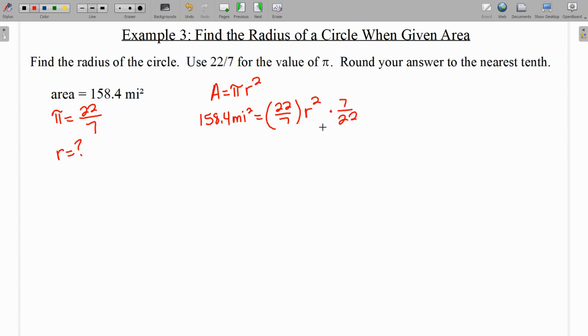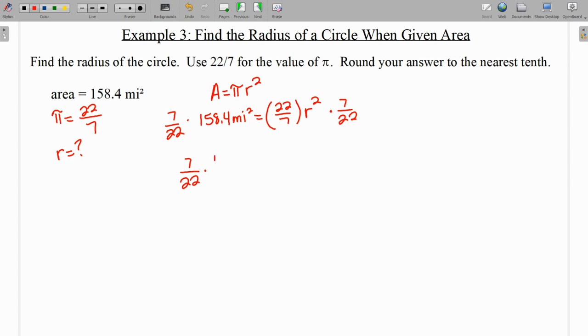Now, since I multiplied this side by 7/22, that means I'm going to have to multiply this side by 7/22 also. So whenever I work over here on the left-hand side of my equation, I'm going to have 7/22 times this 158 and 4/10, which I'm going to need to convert into a fraction.